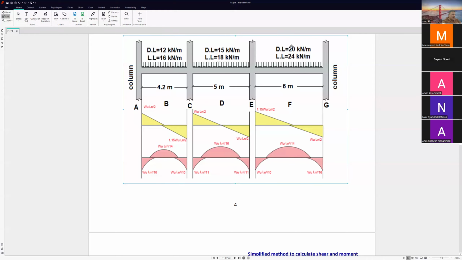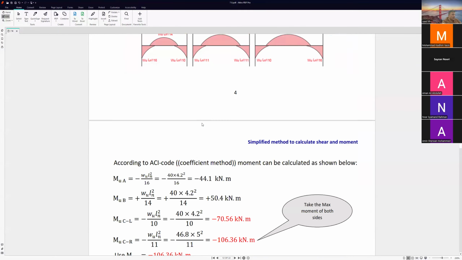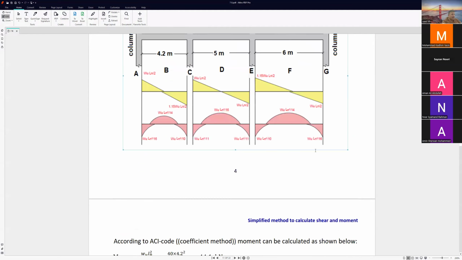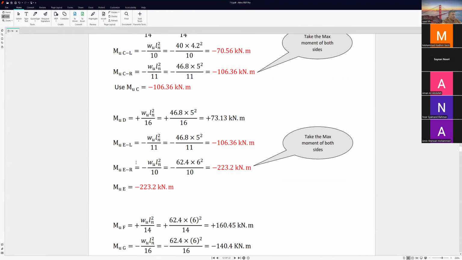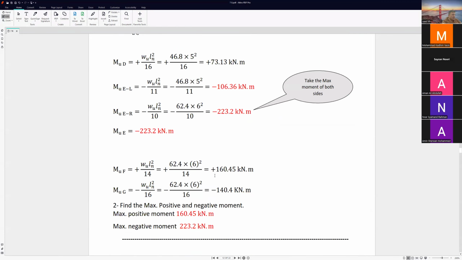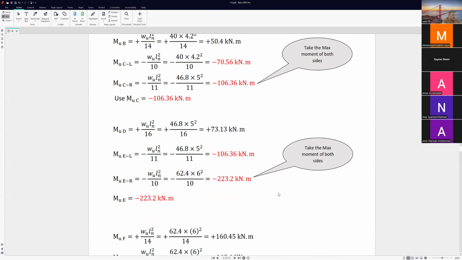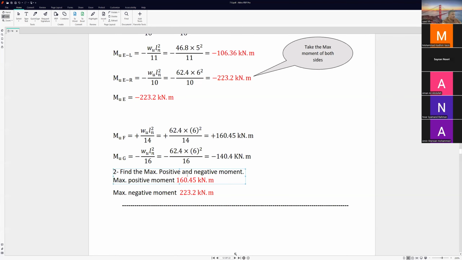No, this is on dead load and live load, and here it is on dead load and live load too, but the dimension is different, 6 here and 4.2 there. So for MUF, we have F and we have G. We calculated F and G. F is positive and G is negative. So find the maximum moment of the positive and negative one.